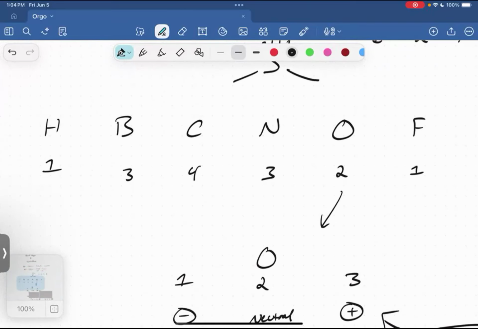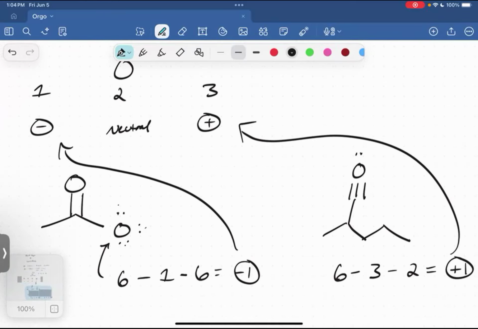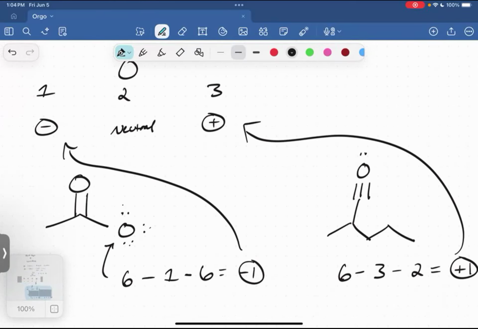These are how many bonds have to be made in order to be neutral. And here is an extremely common pattern that I want you guys to recognize when looking at oxygen. You should immediately look at a bond line formula or any molecule that has an oxygen on it and be able to automatically tell without having to do the math. You can obviously use the math to double check it, but you don't need to if you recognize that pattern. So let's do a few examples.